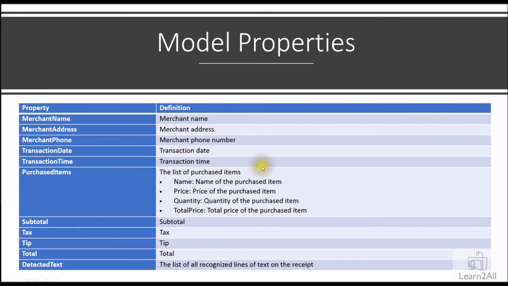Purchased item will provide the list of collection. So the collection that we have prepared just now to display the items, it was that control name dot purchased item. So it will show all of these four columns to us, and that we are showing in the data table control. Then subtotal, tax, tip, total and detected text.